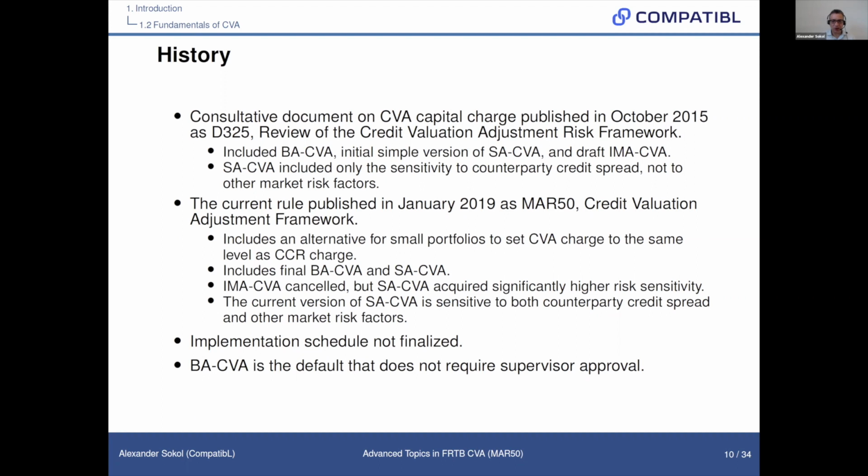The reason is it's actually not so easy to compute CVA, so the supervisor will make sure that your bank is computing CVA correctly, and correctly means in line with the regulatory requirements, which sometimes are different and sometimes are just more stringent than the accounting requirements for something that goes into the P&L.